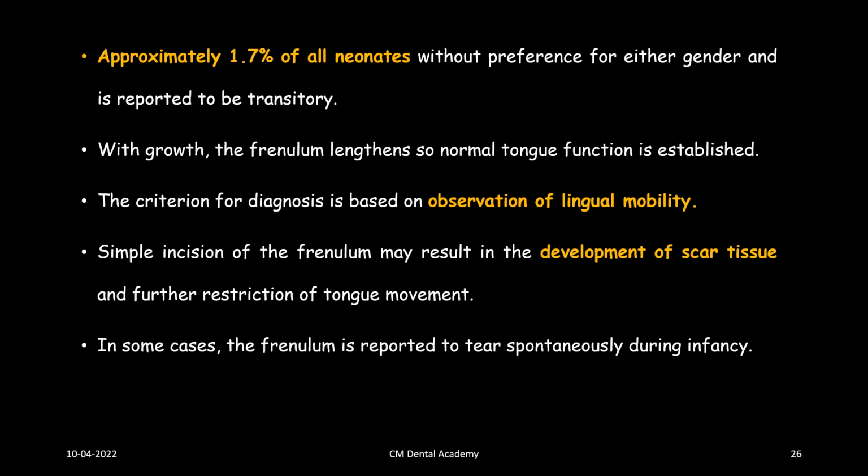The criteria for diagnosis are based on the observation of lingual mobility. Simple incision of the frenum results in development of scar tissue and further restriction of tongue movement. In some cases, the frenulum is reported to tear spontaneously during infancy.